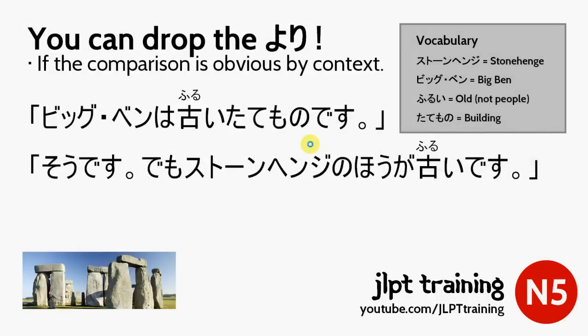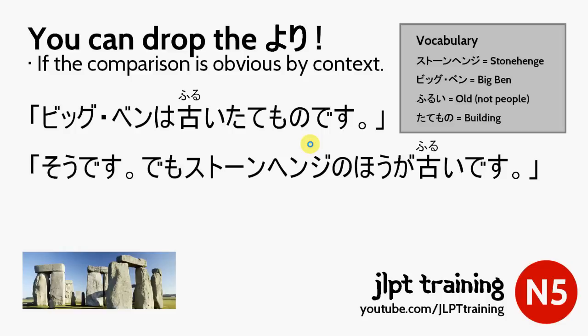Okay, and here's just one last little bit of information before I finish this video. You can actually drop the yori. Now this is done when you don't need to have the comparison, because it's obvious by context. So imagine this is a conversation going on between two people. Big Ben wa furui tatemono desu. Big Ben is an old building.